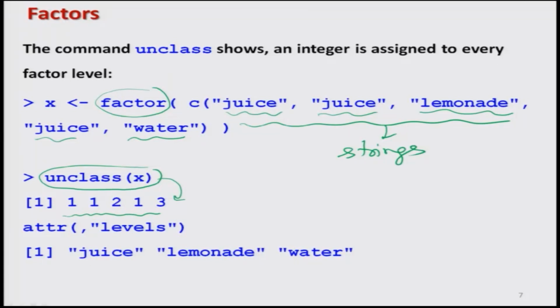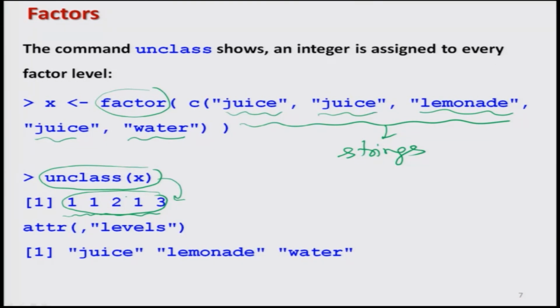These are characters, these are not numericals. Juice, lemonade, juice and water, these are some words, these are not numbers. And now I want to convert this information into a number.